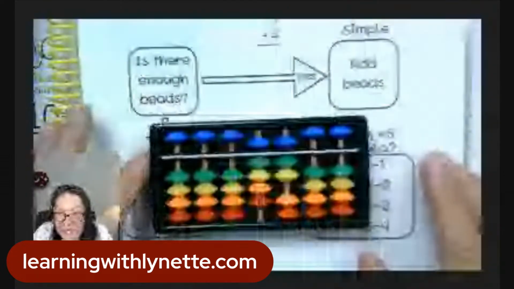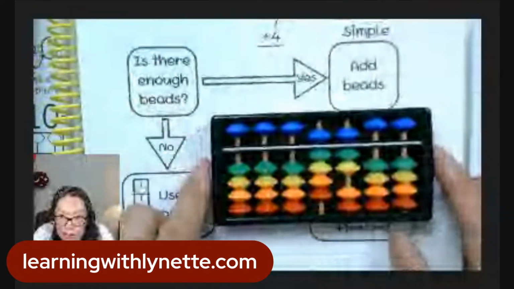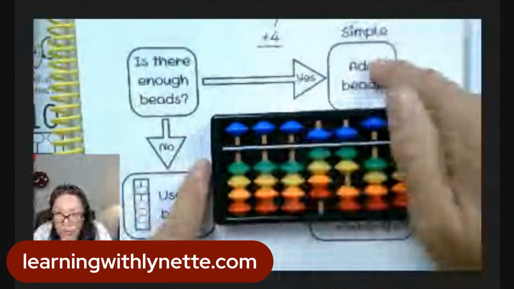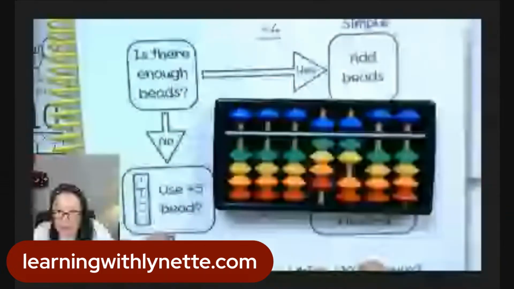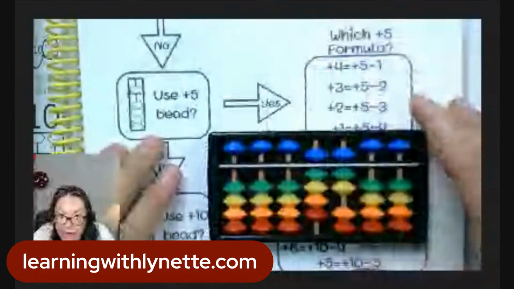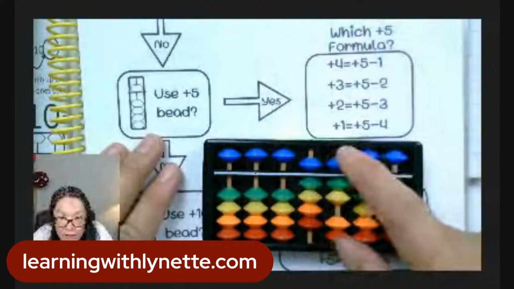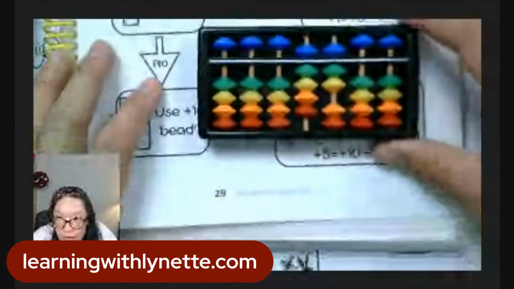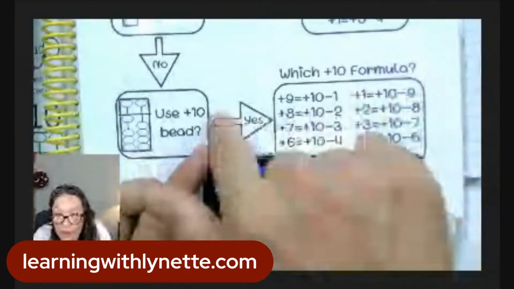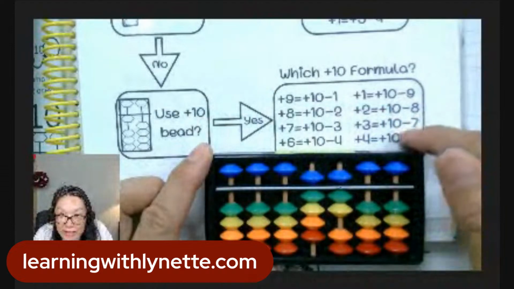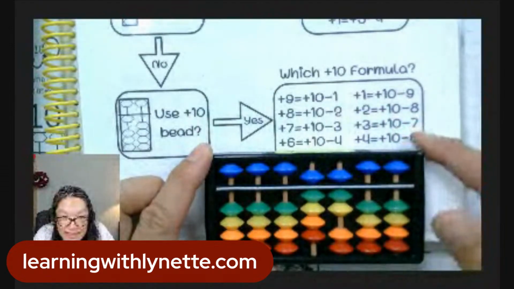Is there enough beads to add the 4? No. We're coming down here. Is there enough beads to add the 5? Can we add the 5? No, we can't. So we got to go one more over. We have to plus the 4 is equal to plus the 10 minus the 6.